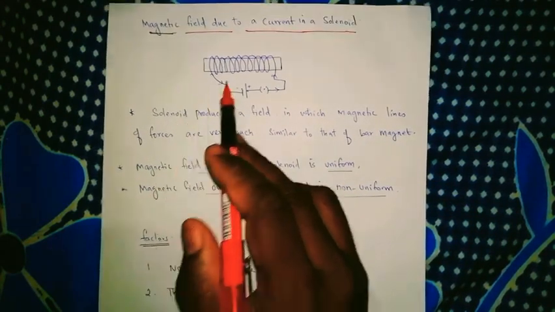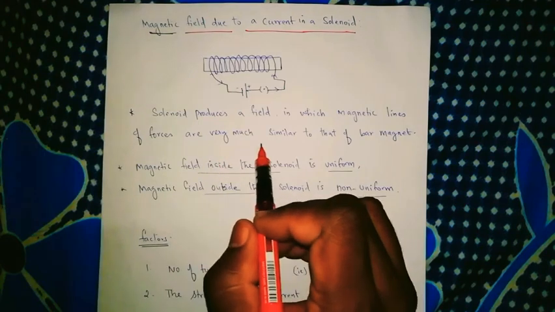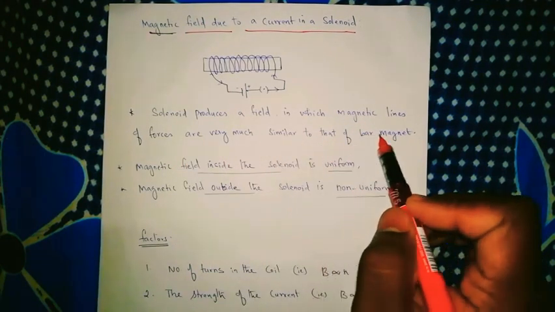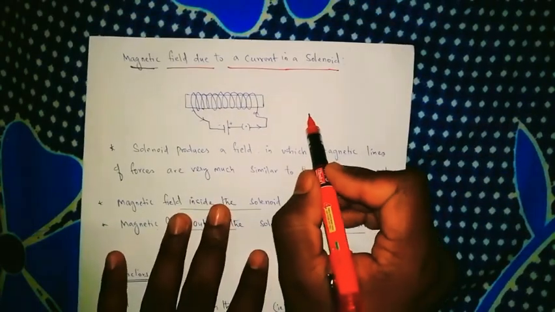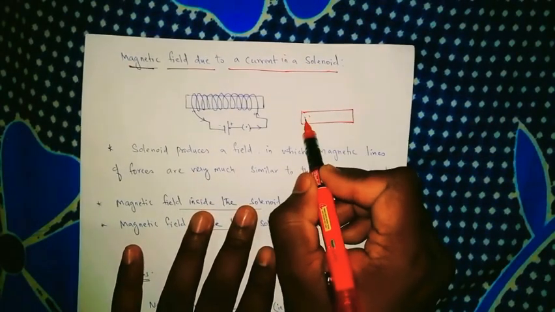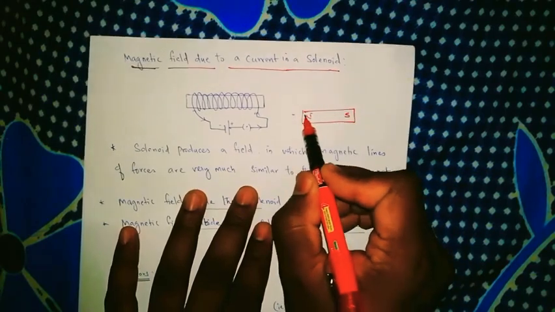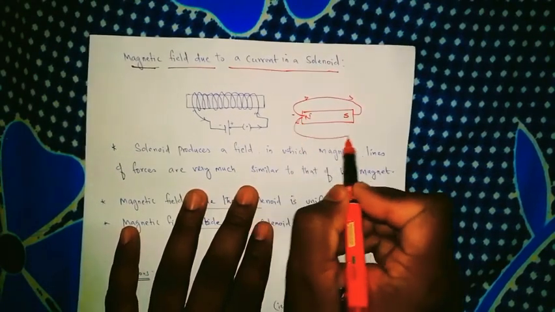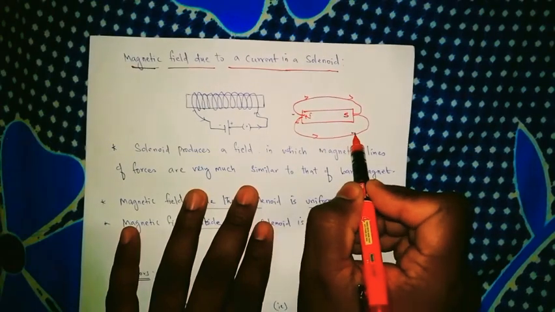This is what a solenoid is. It produces a field in which the magnetic lines of force are very similar to those of a bar magnet. Think about how it is in a bar magnet. This is the north pole and this is the south pole. It starts from north and ends at the south. Right?